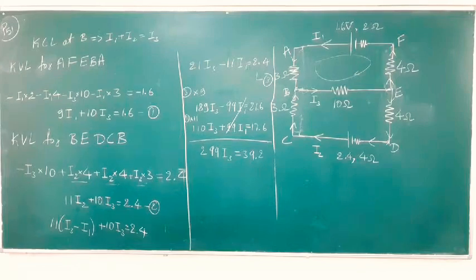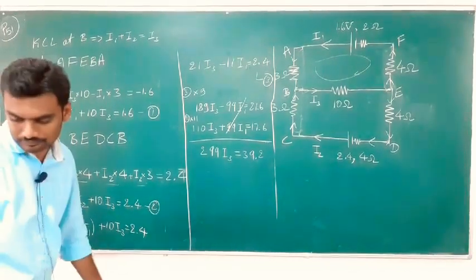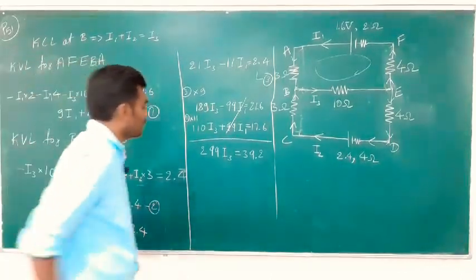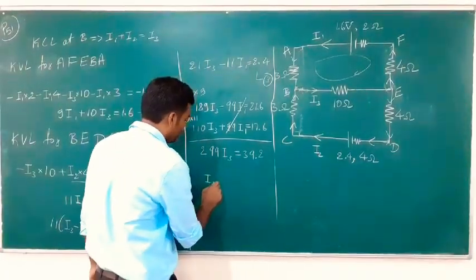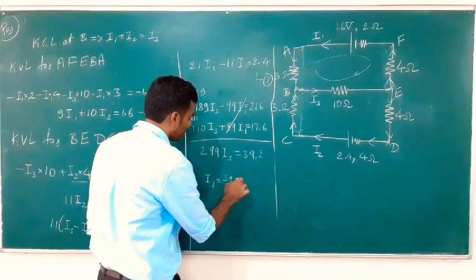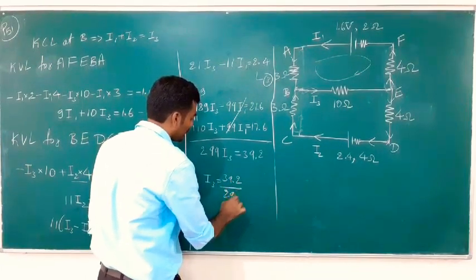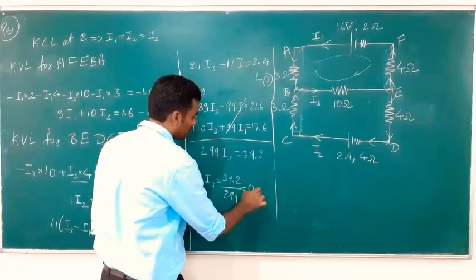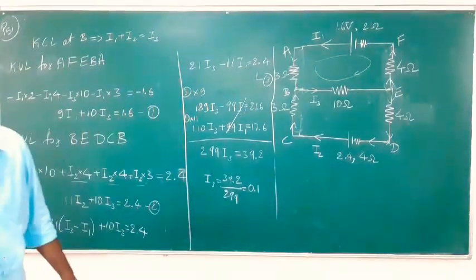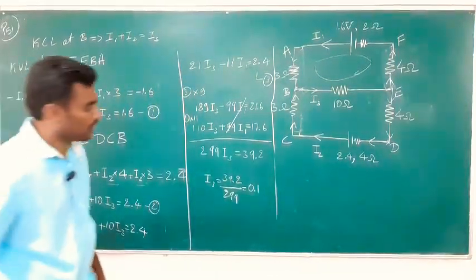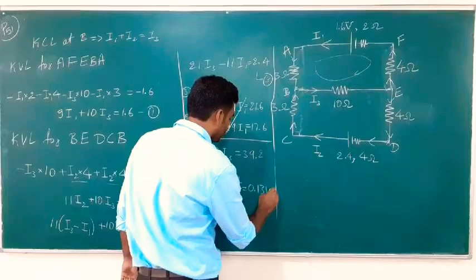Make use of calculator, and hence you'll get I3 is equal to 39.2 by 299, which is 0.131 ampere.